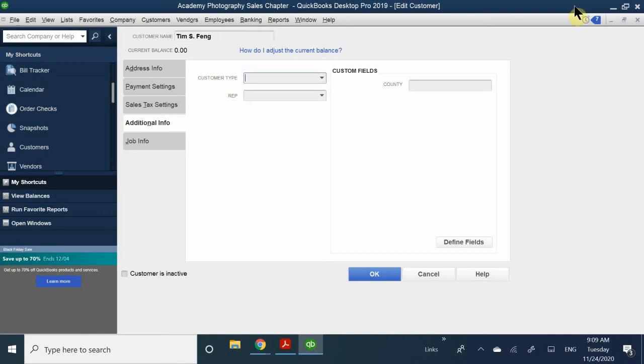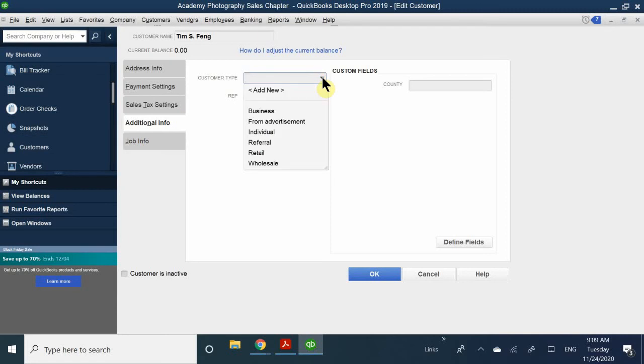So a customer type, right? Like I said, we were talking about price levels, right? Customer type is going to fall under a similar category. You can group your customers based on what they are, and how you provide them either a product, good, or service.